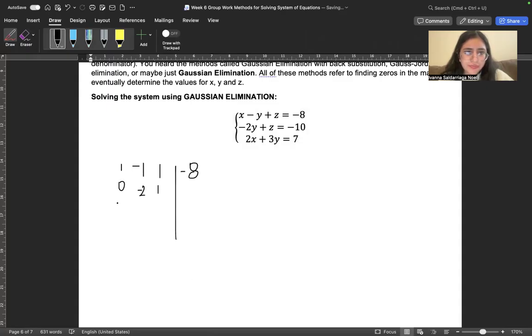And then we set up here 2, 3, 0, 7, minus 10. So what we want is to make the matrix look like this: 1, 0, 0, 0, 1, 0, something like this.